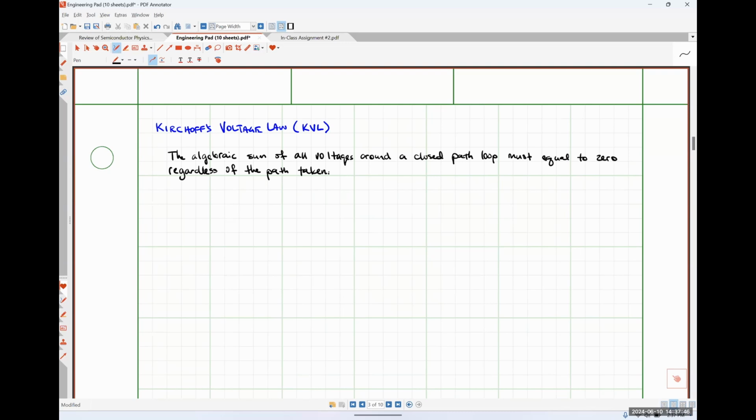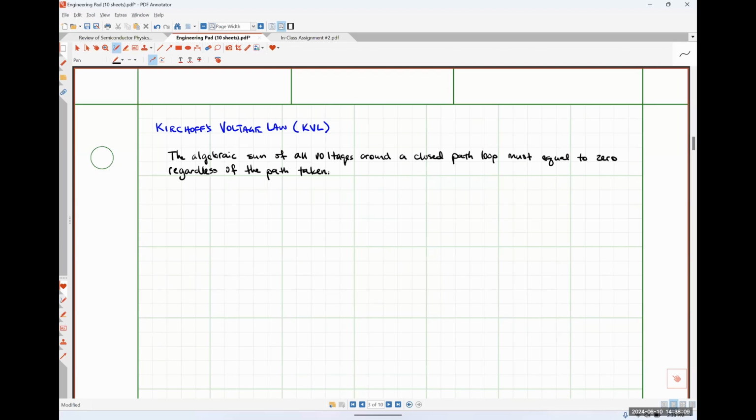And so the sum of all of the voltages is the sum of the energy transferred in the system. So Kirchhoff's voltage law is really just the law of conservation of energy as applied to circuits, okay? It can never be violated. It must always be true.